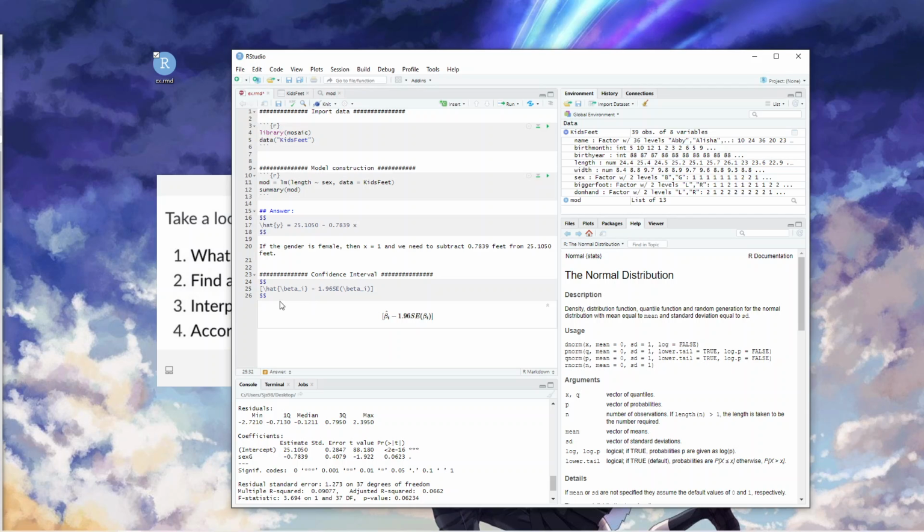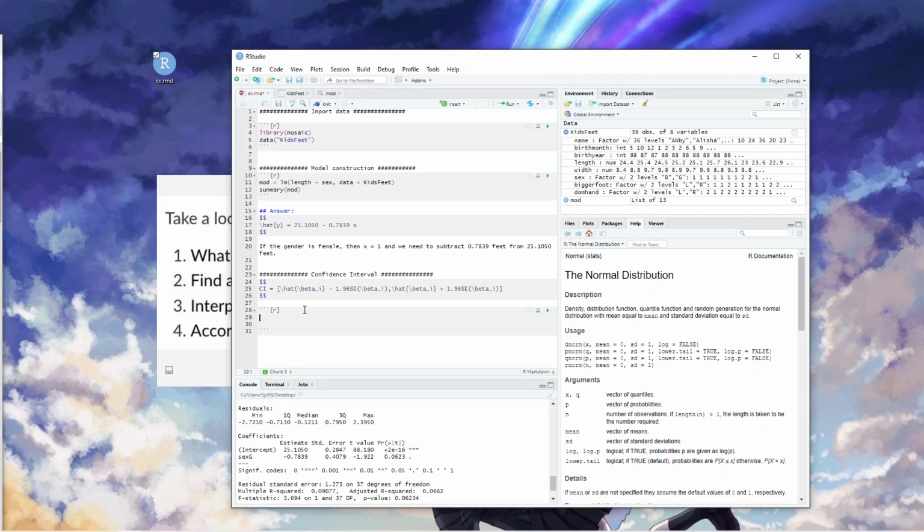Okay, so I can just copy this code, comma, and switch the sign to a plus. That's our confidence interval, and I can call it CI, confidence interval, equal to this. Next, let me code it.